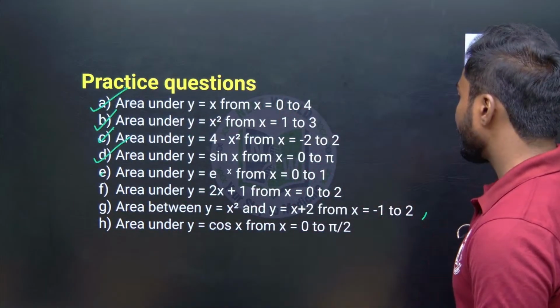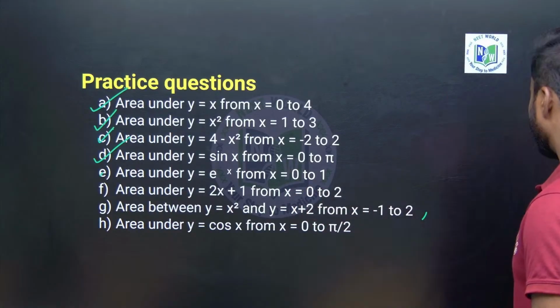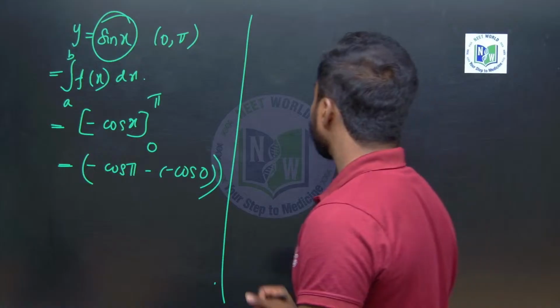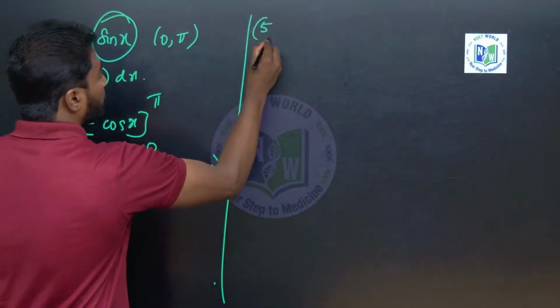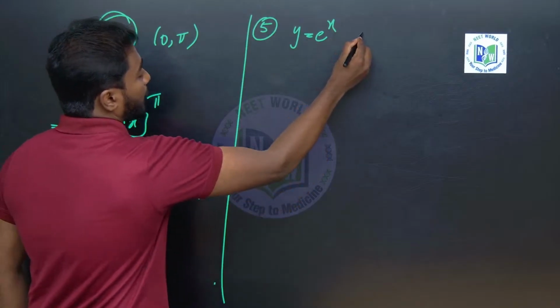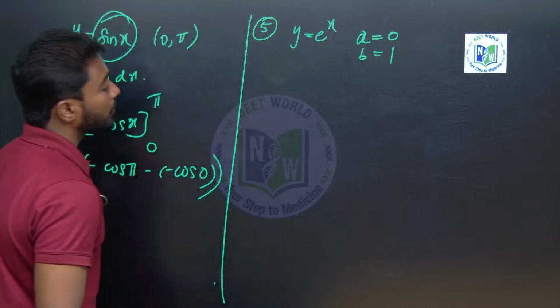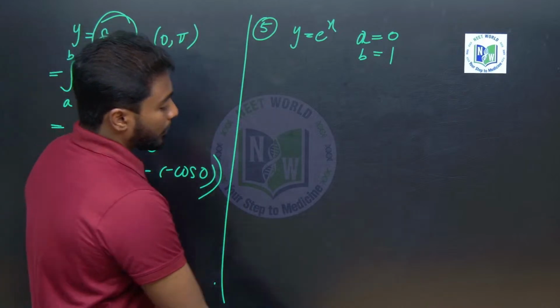Okay, we will solve the fifth question, e power x from 0 to 1. Y is equal to e power x, from a is equal to 0, b is equal to 1. So this is the given question, right?